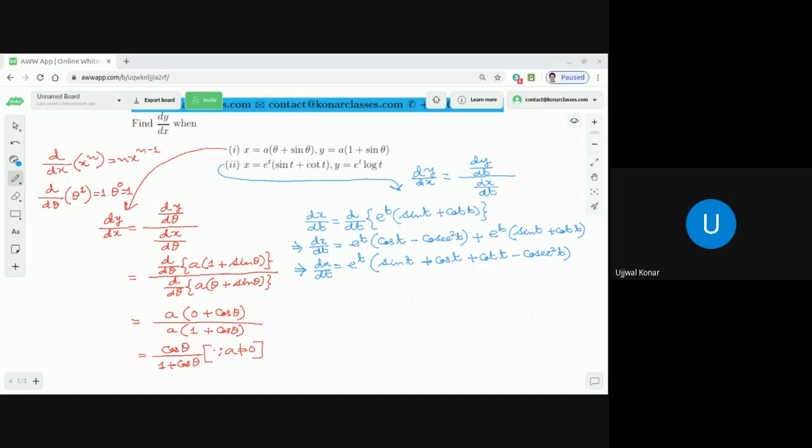So in simple terms, you can say it is e power t into (log t plus 1 by t). So dy/dt is equal to e power t into d/dt of log t, I can write one step, plus log t into d/dt of e power t.